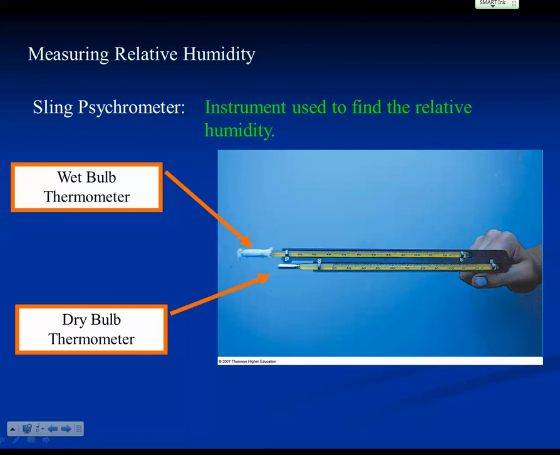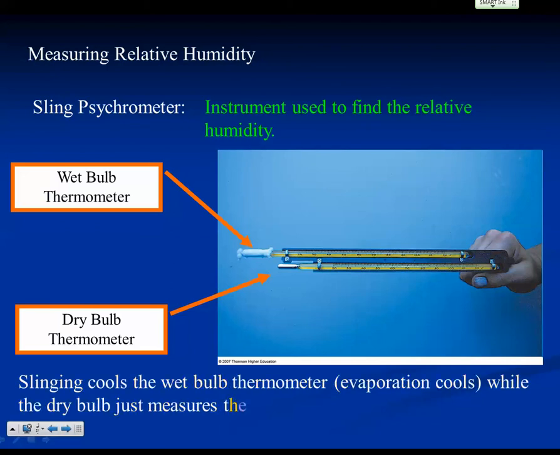And there's a wet bulb thermometer and a dry bulb thermometer. The only difference is the wet bulb thermometer has a wet cloth, usually like a shoelace, soaked in regular water, and you sling that thing around, and the dry one simply just sits there and measures the air temperature. But that wet bulb thermometer starts to evaporate.